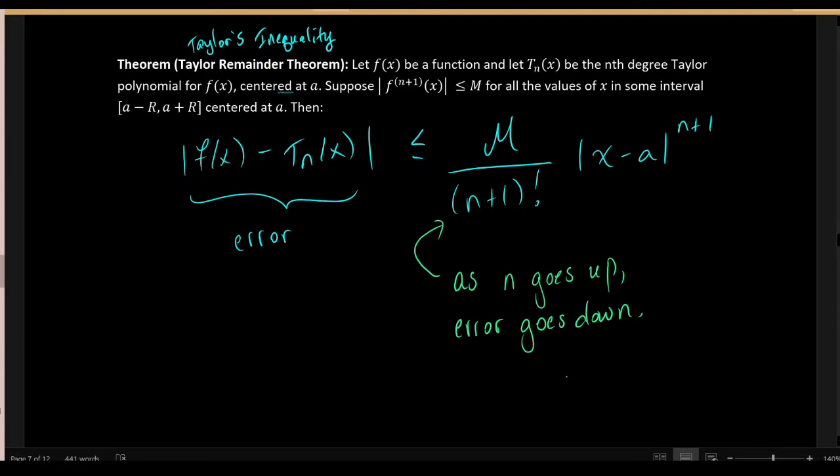The fact that we are multiplying by the difference between x minus a is the part of the inequality that captures that as x gets further from a, the error goes up.